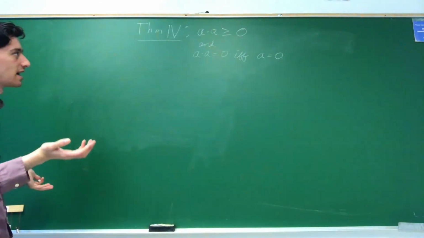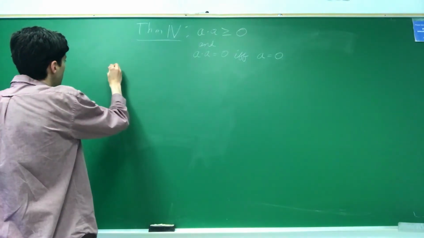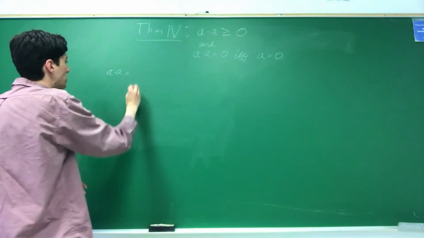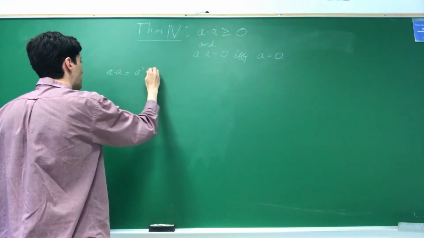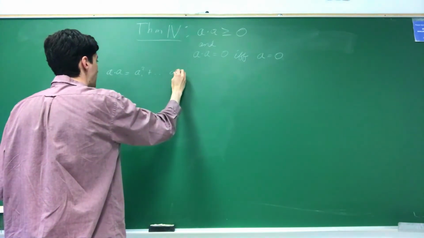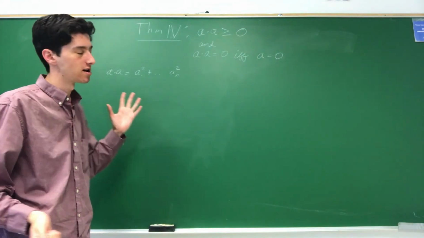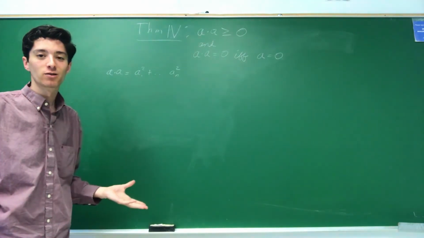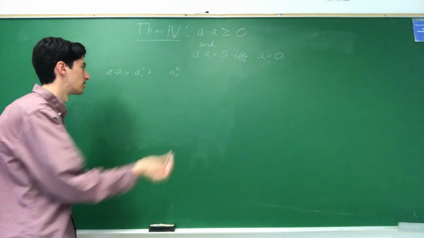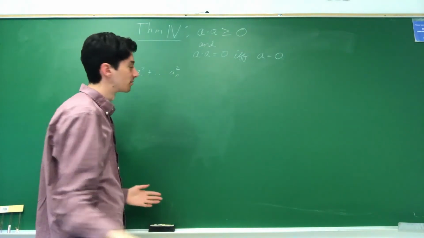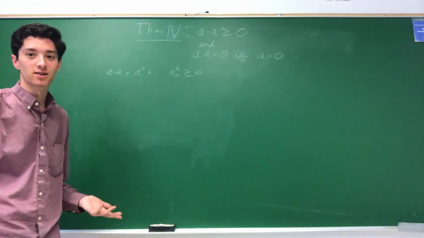If we think about A as having entries a_1 through a_n, then A dot A is going to be equal to a_1 squared plus up to a_n squared. Squared terms are non-negative, because any number squared is either going to be 0 or positive. So the sum of non-negative terms will clearly be non-negative, so this is greater than or equal to 0.